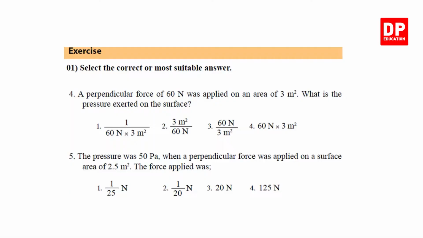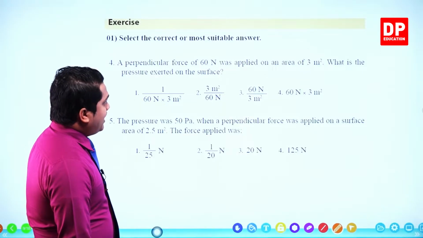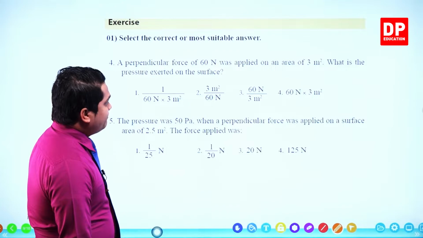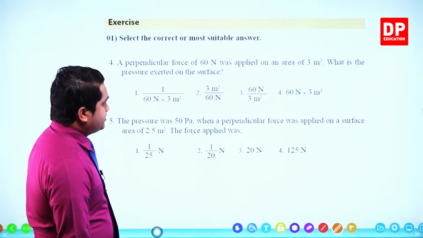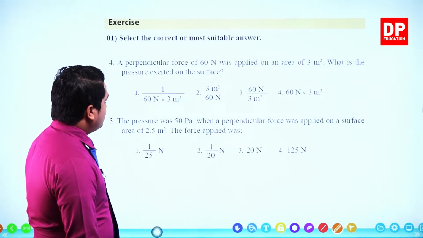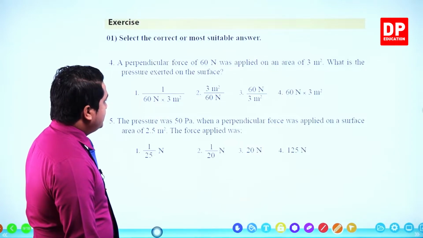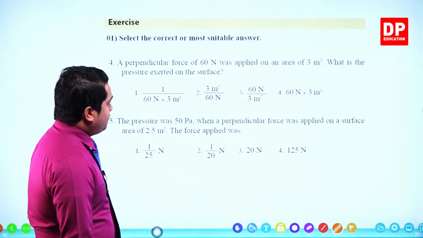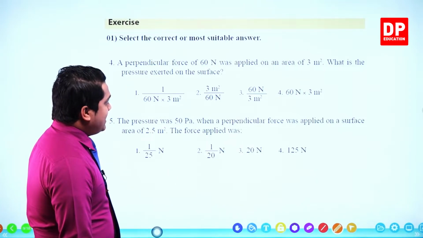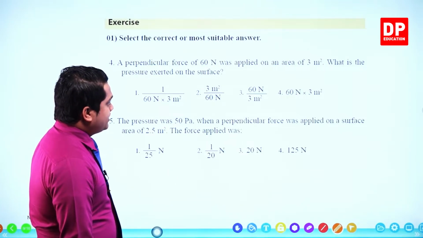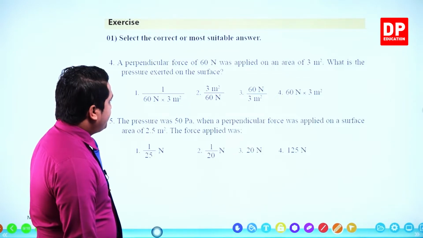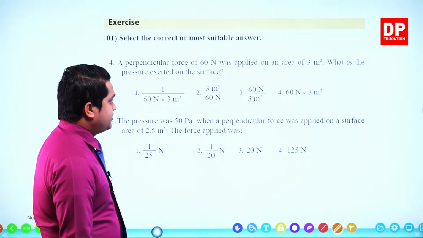Right then, question number 4. A perpendicular force of 60 Newton was applied on an area of 3 square meters. What is the pressure exerted on the surface? So 60 Newton was the force applied. Area is 3 square meters. You need to find out the pressure.